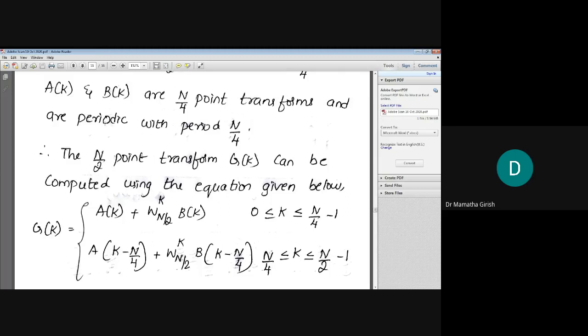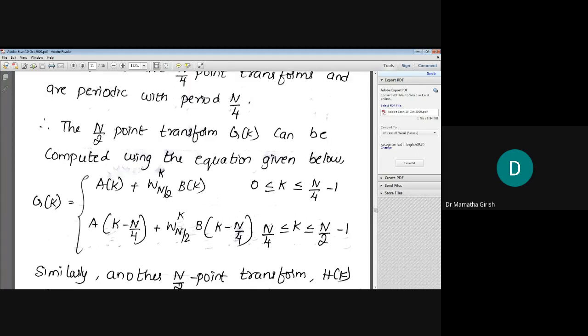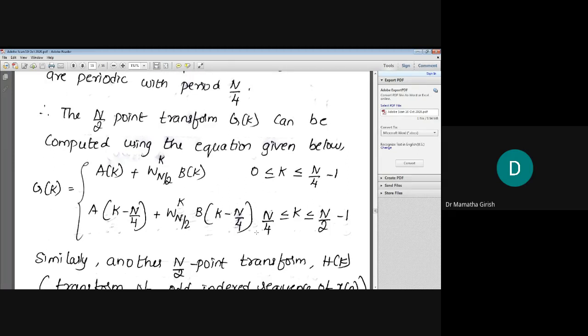A of k and B of k are periodic with period N by 4. Note that for k ranging between 0 to N by 4 minus 1, this is the equation. And for k ranging between N by 4 to N by 2 minus 1, this is the equation.